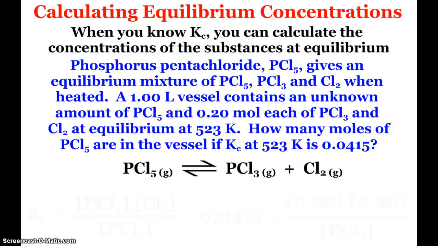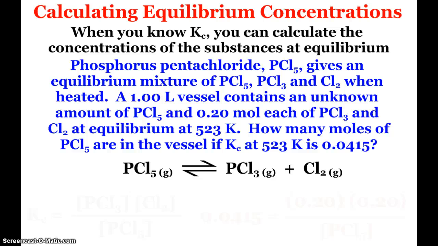Even more important is calculating equilibrium concentrations. If we know the Kc value, we can calculate the concentrations of the substances at equilibrium. So here's a baby step problem. Phosphorus pentachloride, it's going to decompose, and in our equilibrium mixture we'll have PCl5, PCl3, and Cl2.